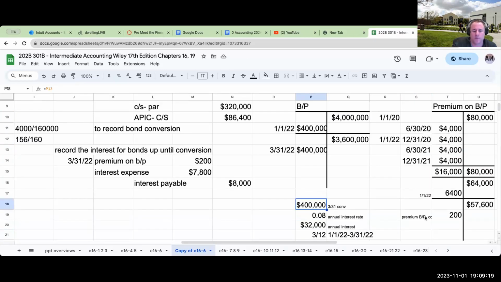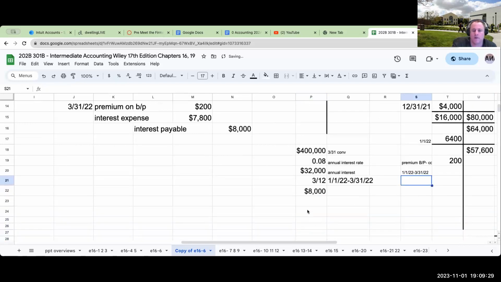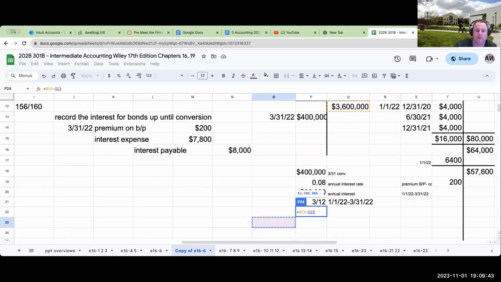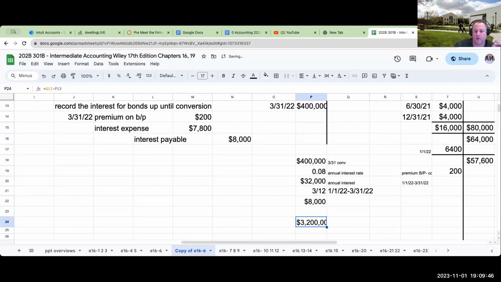So the remaining bonds during this period of time, from 1/1/22 to 3/31/22, if this is what was being converted, the remaining bonds are going to be roughly 3.2 million, or the 3.6 million that were outstanding minus the 400,000 being converted. The reason why we have to do this is the next step I'm going to do over here.